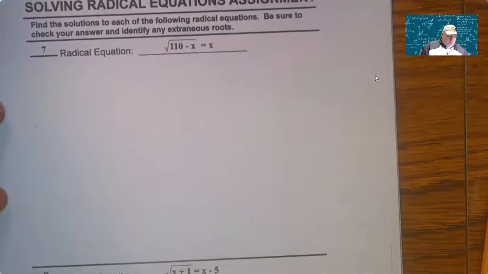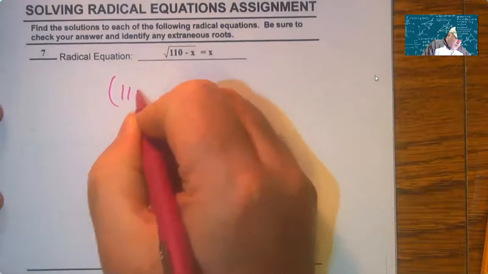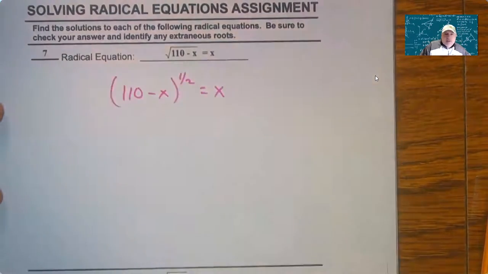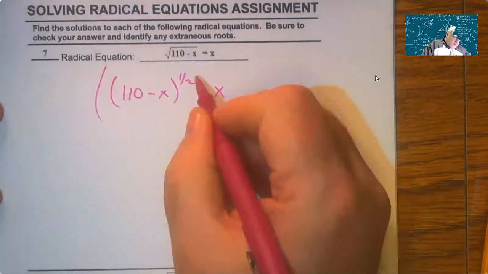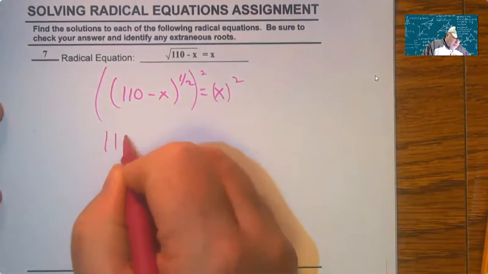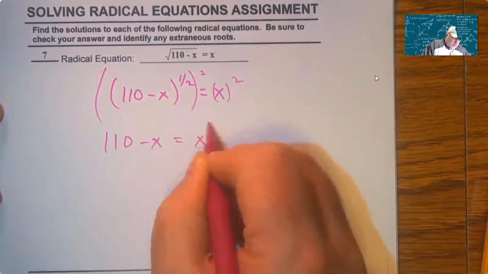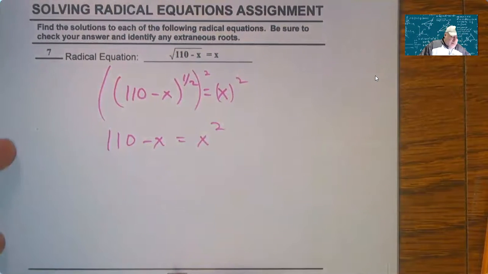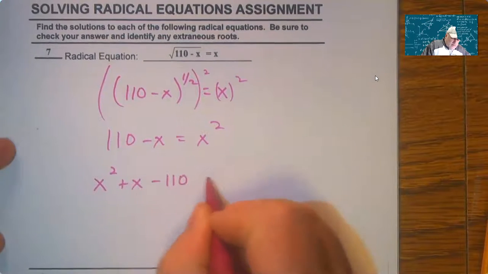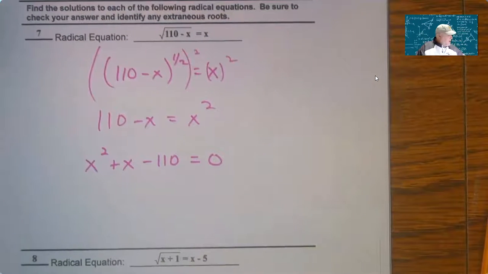Okay, so we want to square both sides to remove the square root, or think again in terms of reciprocal power. I always like the reciprocal power. So 110 minus x equals x squared. And then now you have a quadratic. So we want to get everything on one side of this.